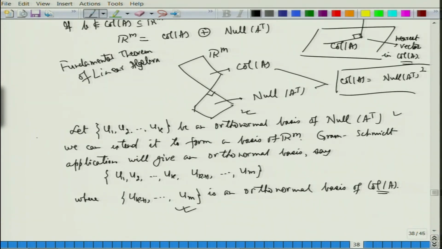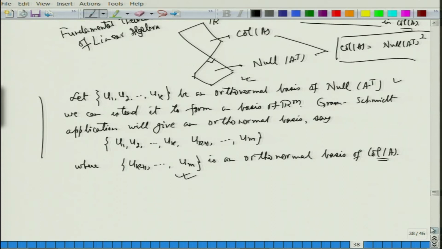So because of this part, now I can say that there exists a unique, so B belongs to Rm implies B is in the linear span of u1 to um. So this will be equal to summation alpha i ui, i equal to 1 to m.